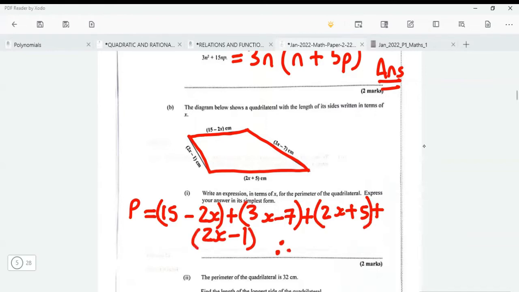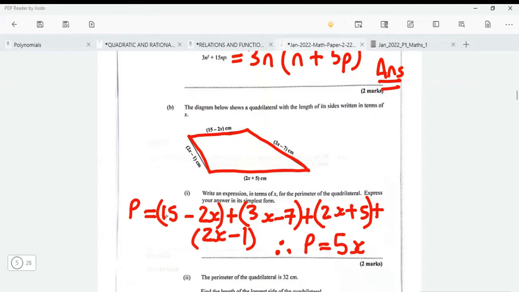So therefore, when you add all of them, the perimeter will work out to be, always remember we add like terms. So minus 2x plus 3x is x, x plus 2x is 3x, 3x plus 2x is 5x. This would work out to be 5x.